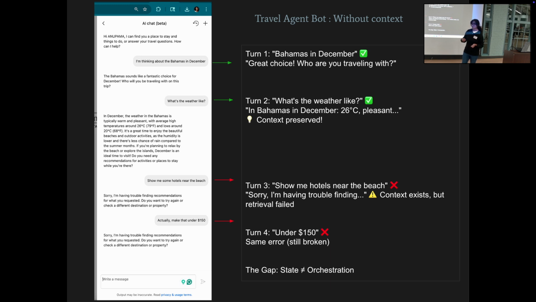But the next 2 questions I asked, it clearly tripped. It wasn't able to understand what I was referring to. When I said, show me hotels near the beach, it asked what beach, what hotels? It does not really remember. And the last one is, actually make that under 150. It's supposed to aggregate all the different questions that I've asked and apply the filters so that it narrows the searches to the hotels which are just $150 or lower.